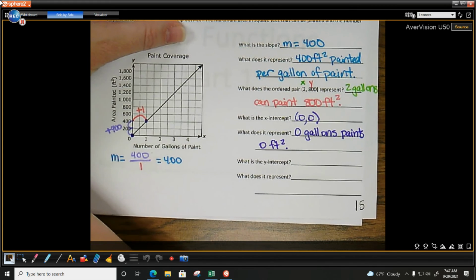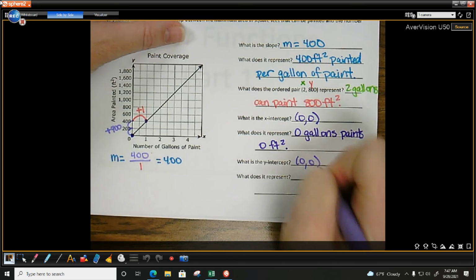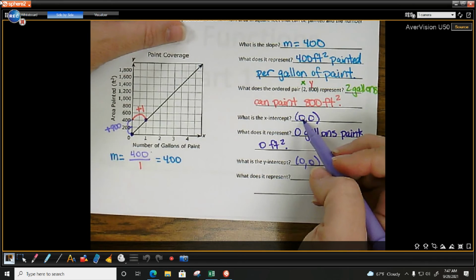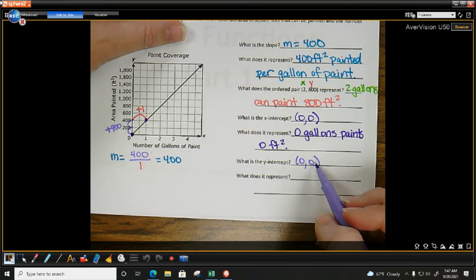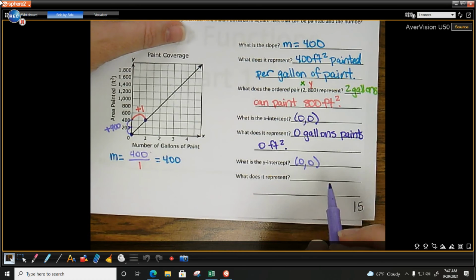Okay, next, what's the y-intercept? Also 0, 0. Guys, anytime that you hit the origin, the x and the y-intercept are the same. Because look, to be an x-intercept, the y is 0. To be a y-intercept, the x is 0. If it's 0, 0, that's happening at the x and the y-intercept because that's where your x and y axes meet.